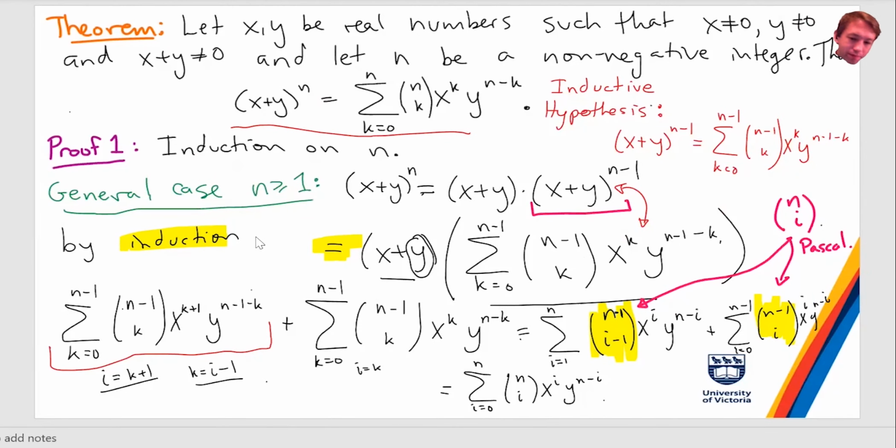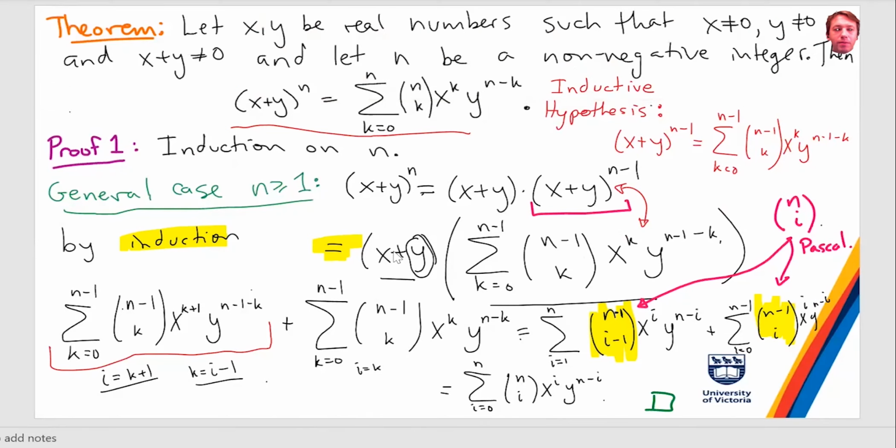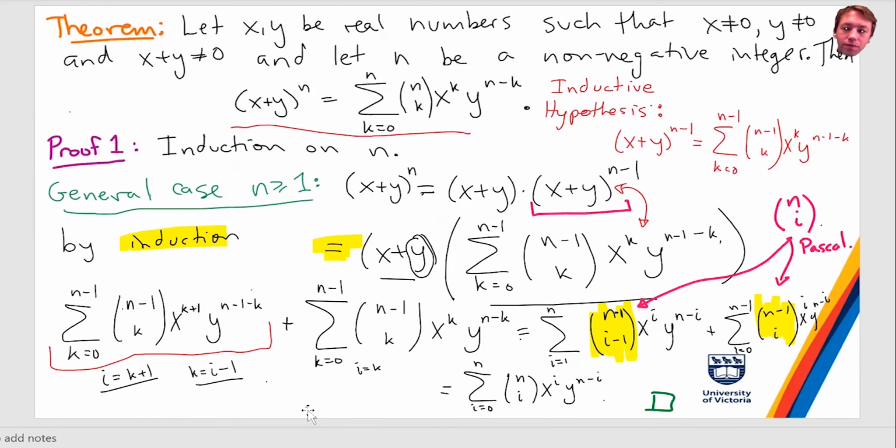But the name of the index doesn't matter. Sorry if that's not too visible at the bottom of the screen. Is that clear? So this was an algebraic proof using Pascal and induction.